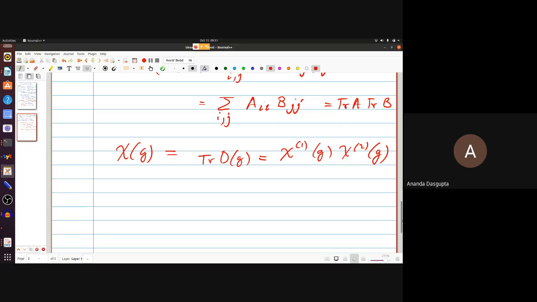But when you take A and B together, the description has to be the direct product space, and now this gives us a new bigger representation of the group, which is simply obtained by taking the direct product of individual representations.